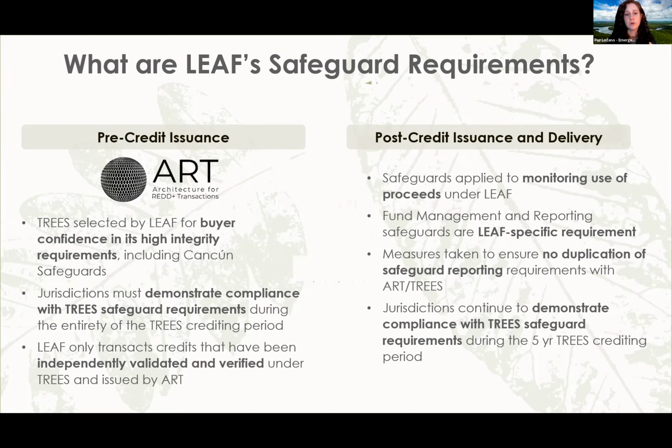And finally, it's important to note that post first credit issuance or post other issuances, jurisdictions are expected to continue to demonstrate compliance with the TREES safeguard requirements and all TREES requirements throughout the entire crediting period lifetime under ART, which is 5 years, and also to ensure that they deliver the credits that have been included for those vintage years under the emissions reductions purchase agreement, the ERPA.